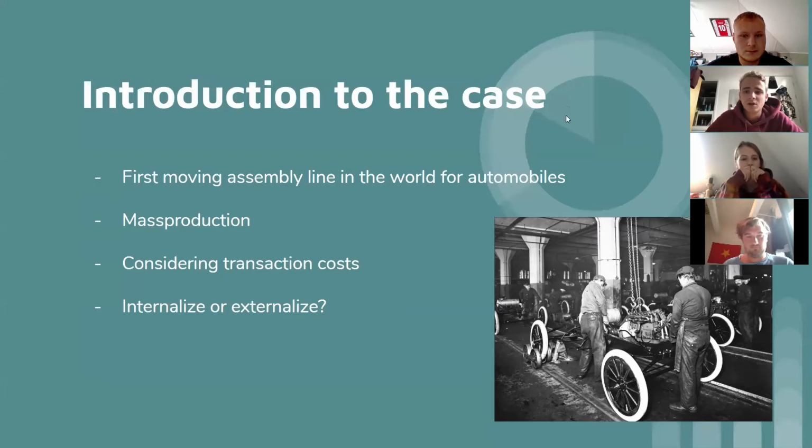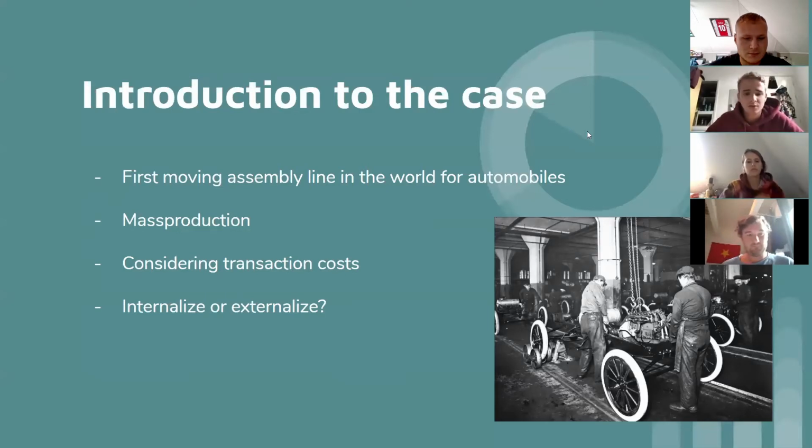But before installing the assembly line, Ford had to consider whether or not to contract with free agents or integrate production into its own factory. Having contracts with free agents involves transaction costs like bargaining costs, policing and enforcement costs, and search and information costs.